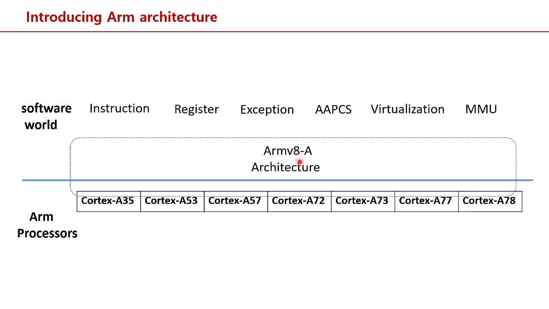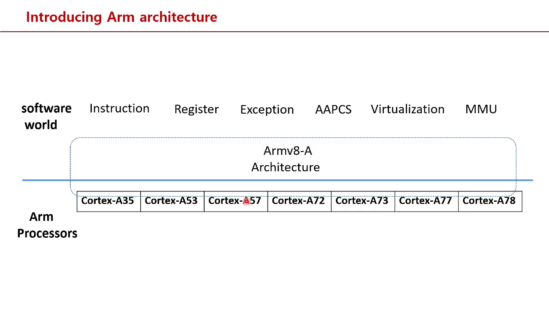So from the software perspective, as a system software engineer, the important thing to check is the version of the ARM architecture. If you first review the specification of your project, the first thing you have to check is the version of the ARM architecture. The next thing you have to do is to check the specification of the product line of the ARM processor.